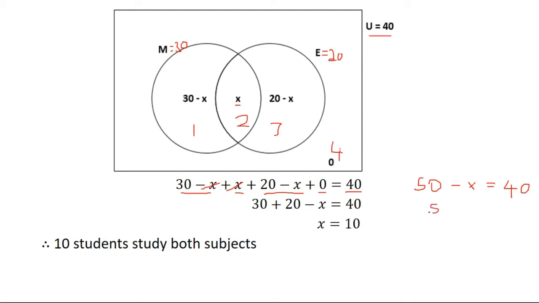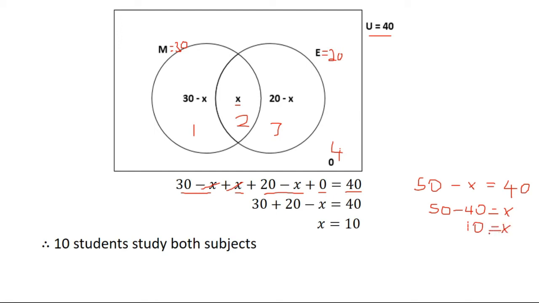So you're going to get 50. 40 is positive, so when it crosses the equal sign to this side, it's going to be negative. So minus 40 is equal to S. S is negative here, so when it crosses the equal sign to this side, it's going to be positive. So 50 minus 40 will give us 10. So we have 10 equal to S.